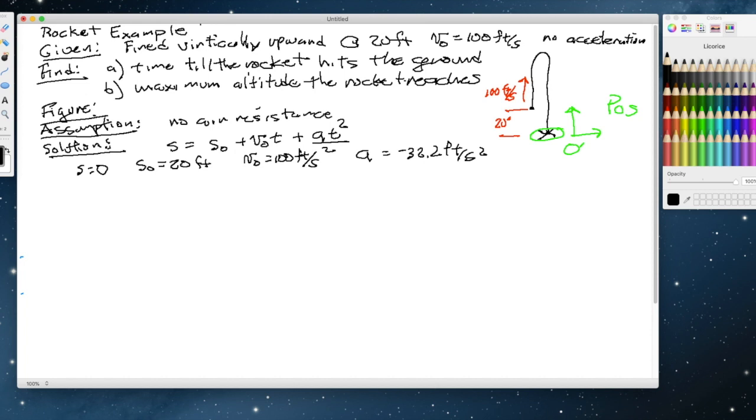Plugging this back into our formula, we're going to have that 0 equals 20 feet plus 100 feet per second times t, which is in seconds, minus 16.1 feet per second squared times t squared, which is in seconds squared.